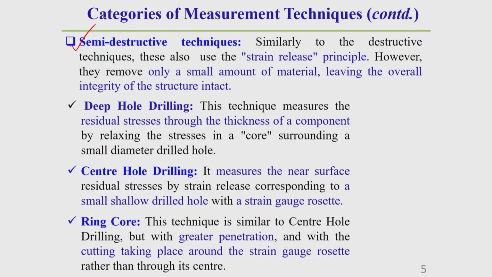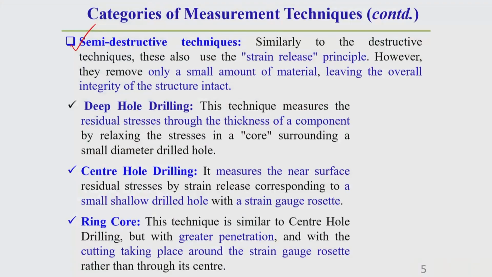Now, semi-destructive technique. What is a semi-destructive technique? It is more or less similar to a destructive technique, but here they remove only a small amount of material, leaving the overall integrity of the structure intact.